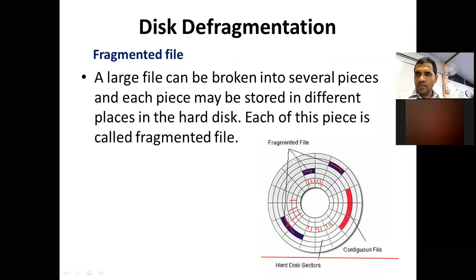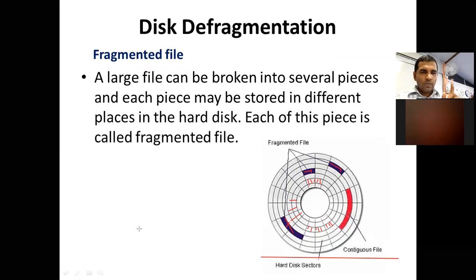We often delete the existing things. So definitely you cannot expect spaces in continuous format. Here and there, spaces are there. So if you have spaces here and there, then how can you save a big file in one location? So you cannot. So this is how files are saved.